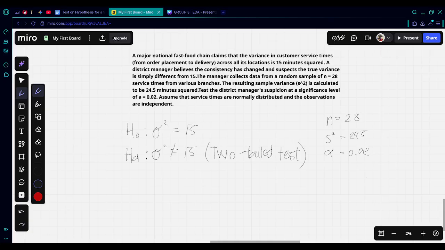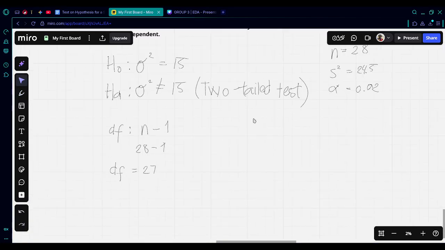So after we list down these givens, we have to determine first the degrees of freedom. The formula for degrees of freedom, which was also discussed by BJ, is n minus 1. So we have our n here, which is 28. So 28 minus 1 is equal to 27. So our degrees of freedom is equal to 27.